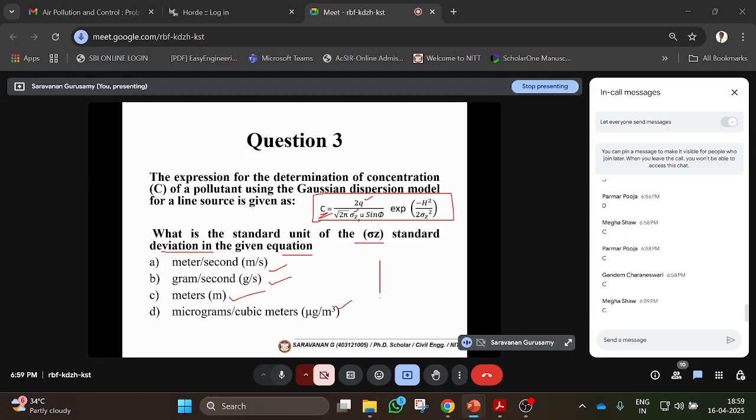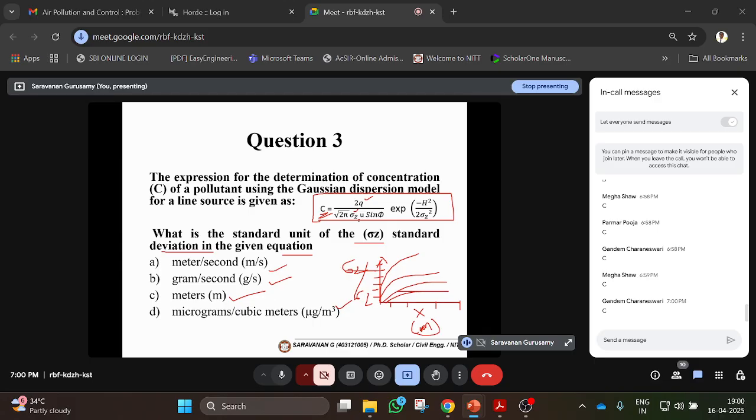How to find sigma Z and sigma Y? If you know x in meters, you get sigma Y or sigma Z from the graph. The graph will have A condition, B condition, C condition, D condition. This will be on a semi-log sheet: 0 meter, 100 meter, 1000 meter, 10,000 meters, while the other axis will be 5, 10, 15, 20, 25, 30, a normal scale.